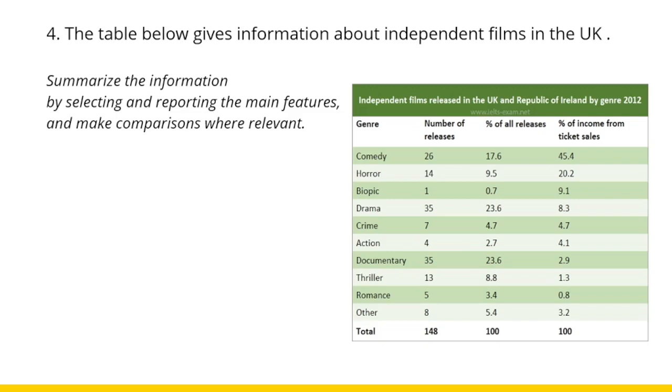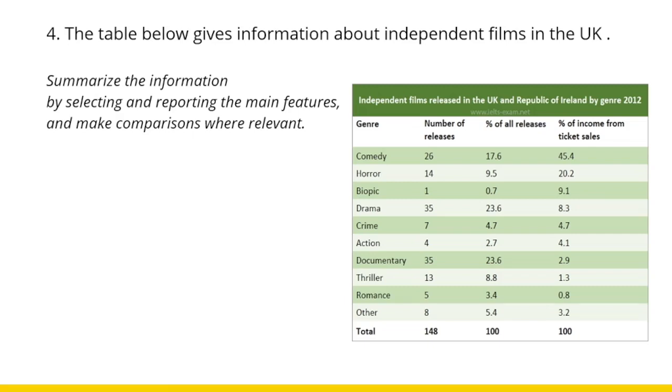So here we have Republic of Ireland as well. It's not only UK. So that's very good information. And also that the information they provided is based on 2012. So as you see, we have total number, we have different genres, and we have, for example, comedy, drama, documentary.